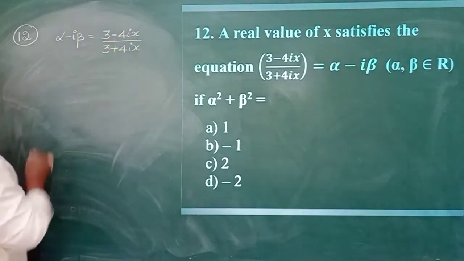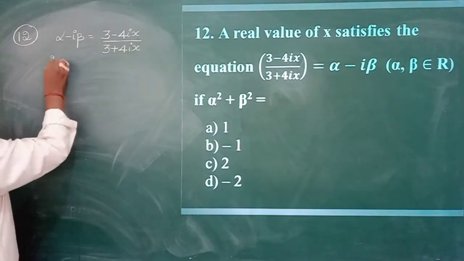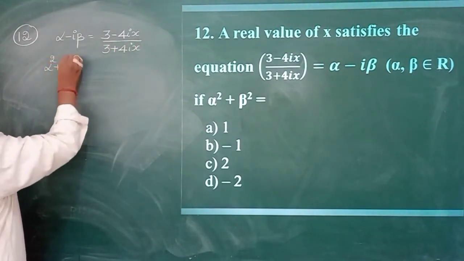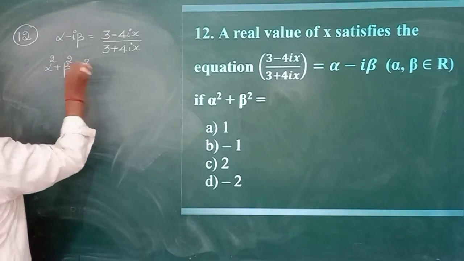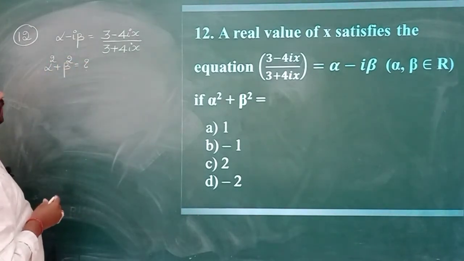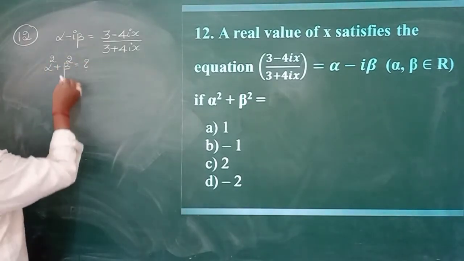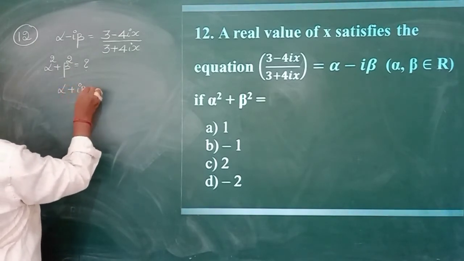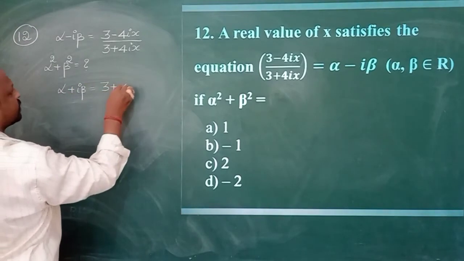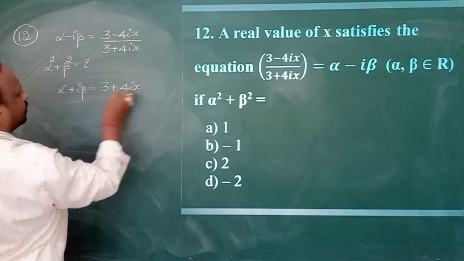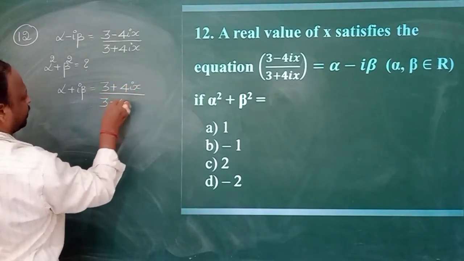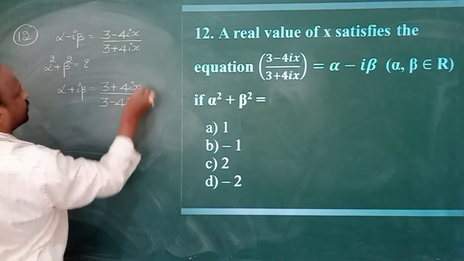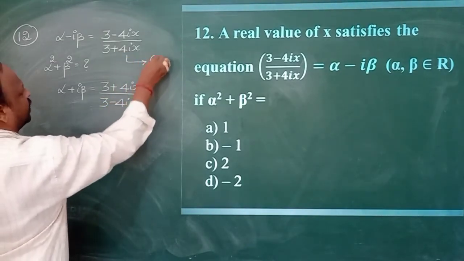So what is the value of alpha square plus beta square, they ask. Here also, alpha minus I beta is given, so alpha plus I beta will be 3 plus 4ix divided by 3 minus 4ix. Let us take equation 1 and equation 2.